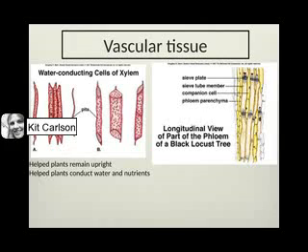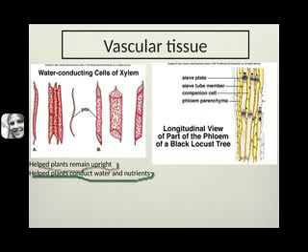And next in the fossil record, we see vascular tissue. Vascular tissue helped plants remain upright, and it helped plants conduct water and nutrients. Now, it's interesting because the experts who study what most scientists call seedless non-vascular plants do not like them called non-vascular, because they actually do have a form of conducting cell.